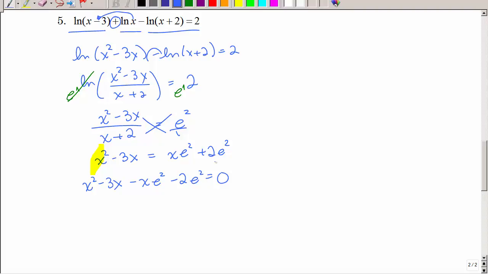That just doesn't look like a typical quadratic equation. It would really be nice if it was in the form of ax squared plus bx plus c equals 0, so I could use the quadratic formula to solve for x.